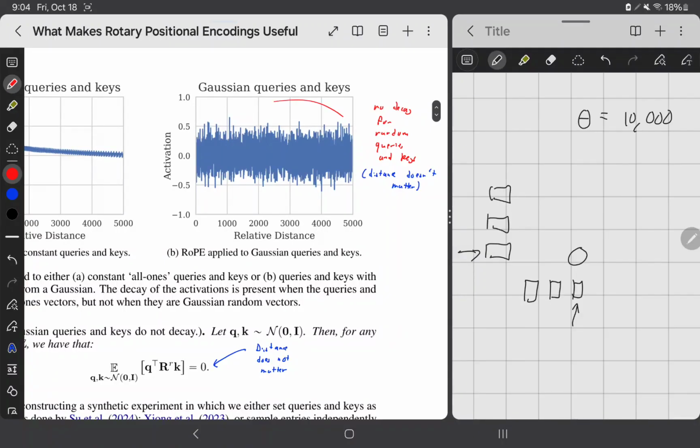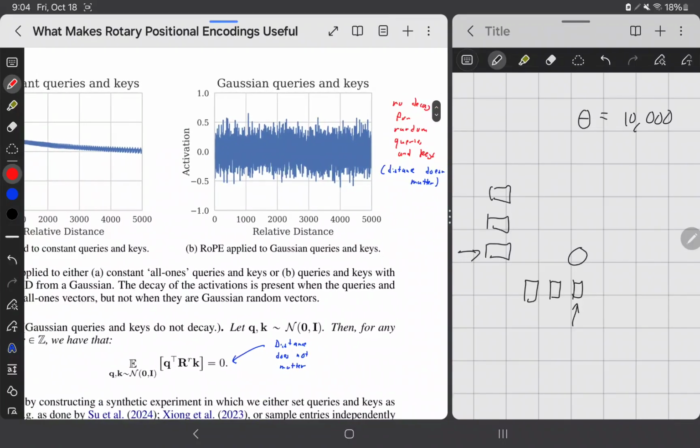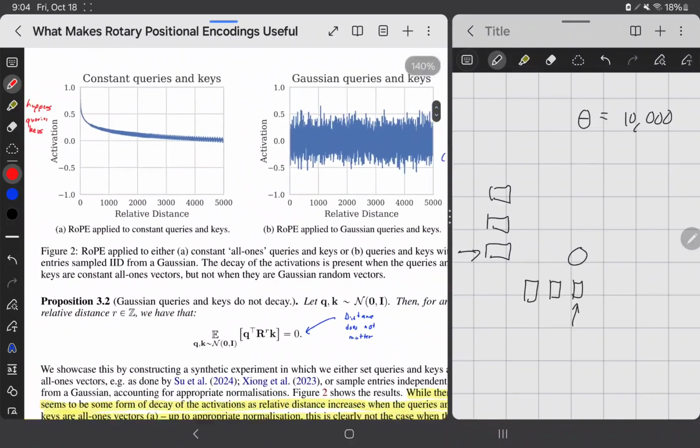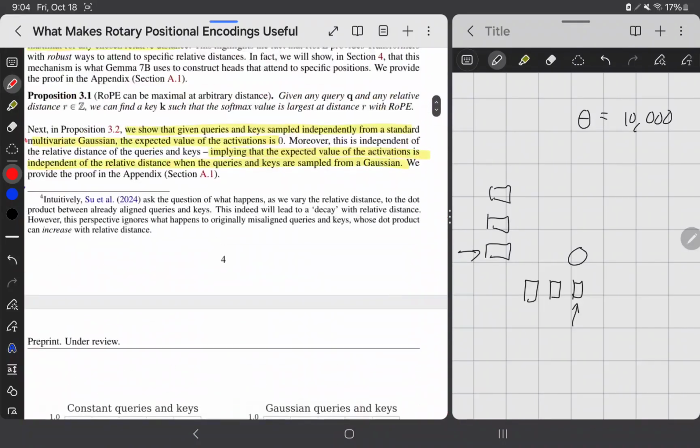So I would lean towards this argument here, where the distance doesn't matter, but pick an assumption and go with it. If you assume Gaussian, then you don't have this decay. That's basically the argument here. They're showing that this argument of it having this decay is probably not true. So that's that part.